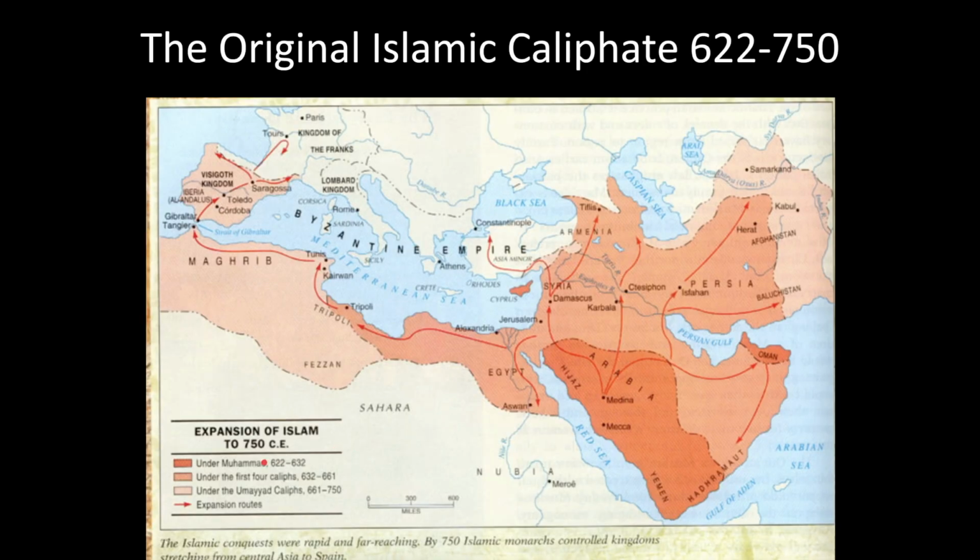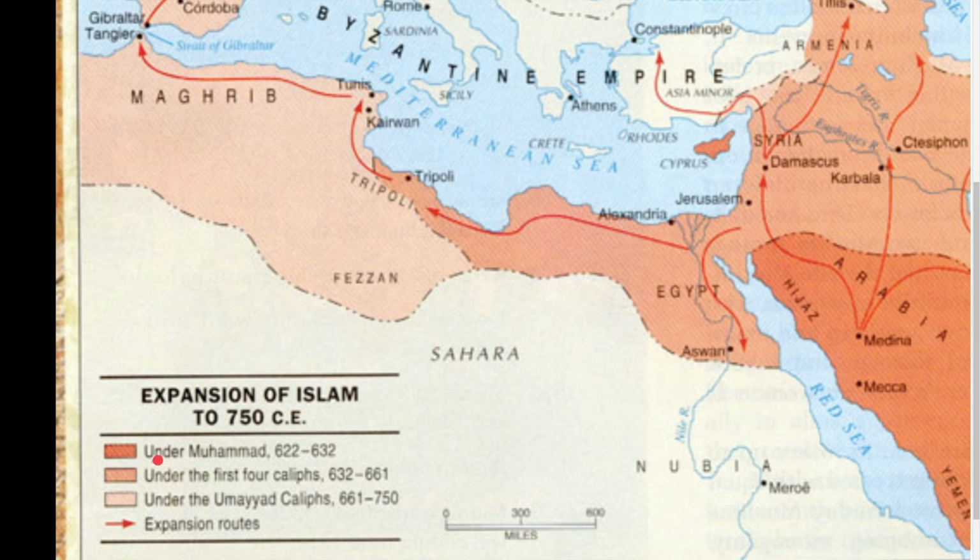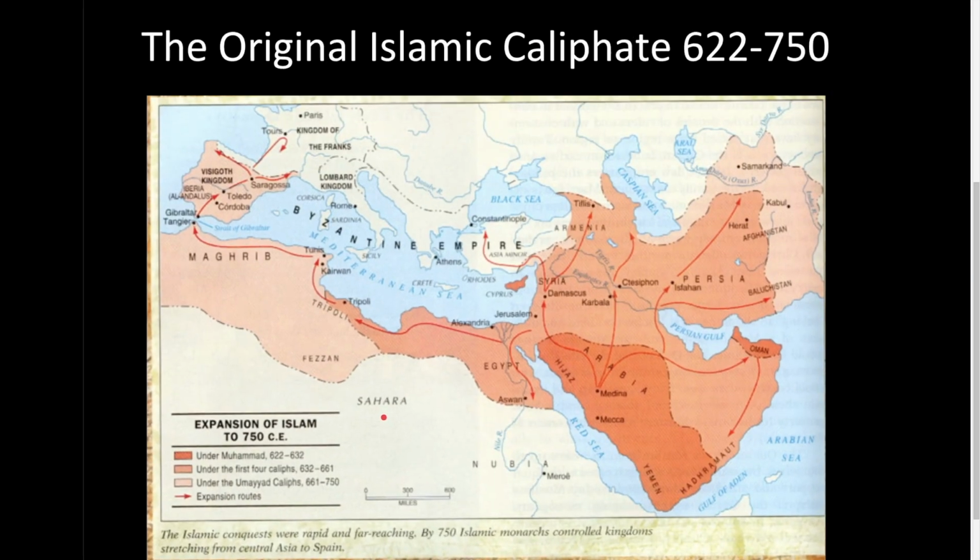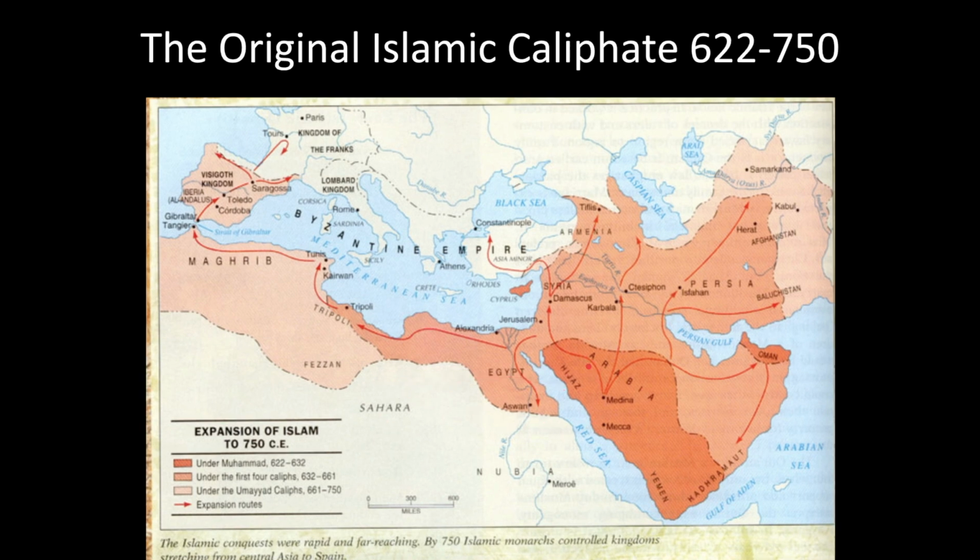You can see with this color coding that Islam expanded first and foremost between 622 and 632 under Muhammad, and then under the first four caliphs, those are Islamic religious leaders, it expanded, and then eventually under the Umayyad caliphs, which starts the Umayyad Caliphate, it expands all the way into Spain. This would become modern Spain. So the Iberian Peninsula is now occupied in this map. It's occupied by Arabs.